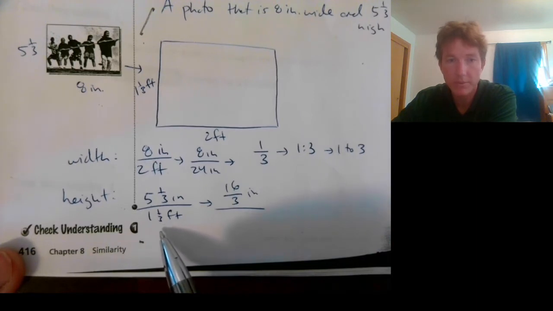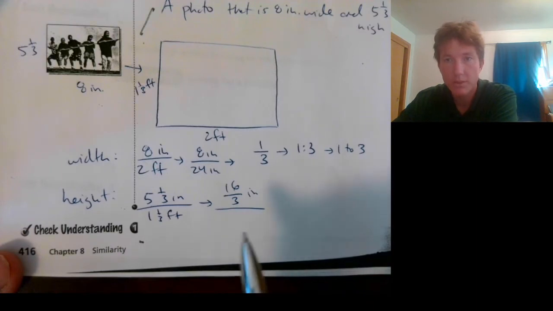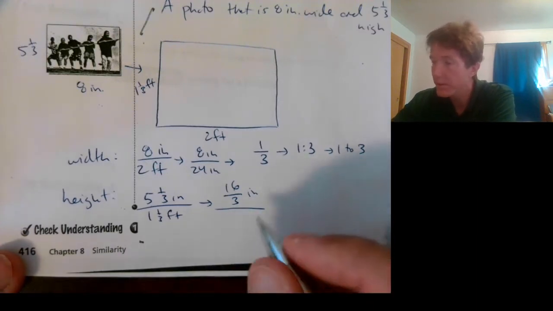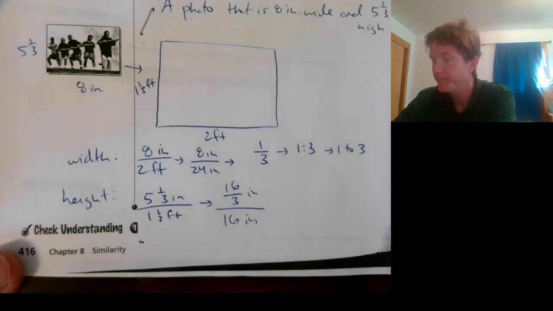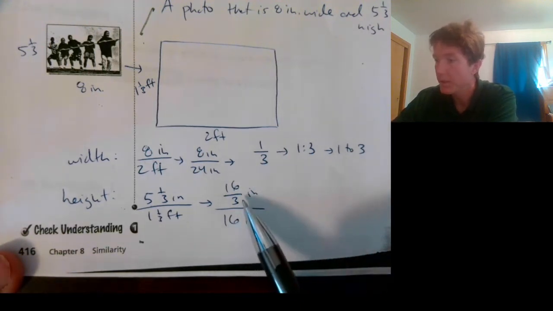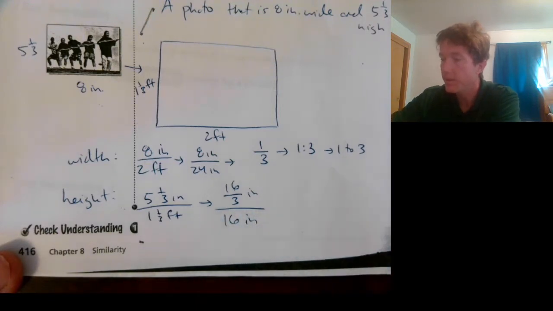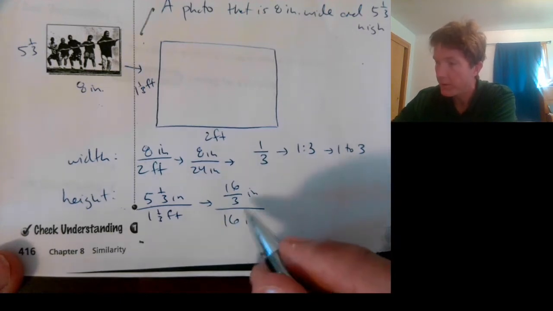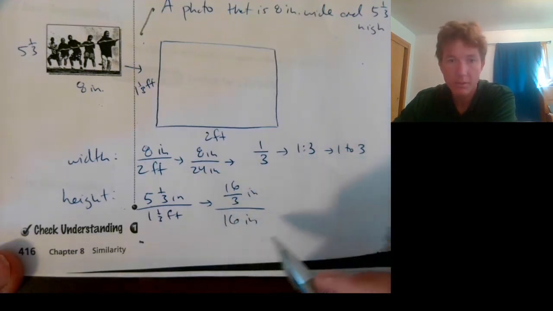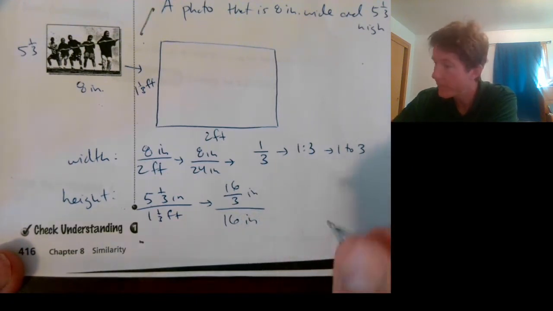So I need to convert that first to inches. So a foot is 12 inches, a third of a foot is 4 inches. So add those two together, you have 16 inches. So we're looking at 16 over 3 inches to 16 inches. Let's go ahead and simplify that. This is called a compound fraction, I can multiply by the reciprocal on the bottom.